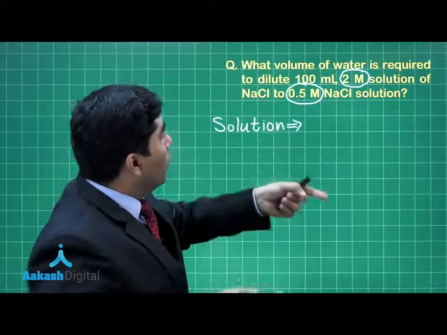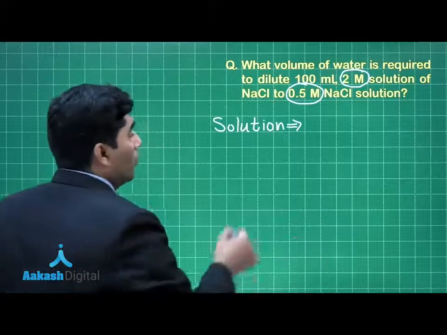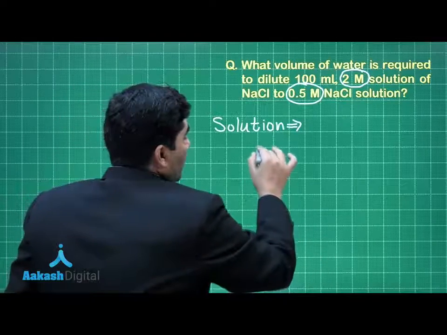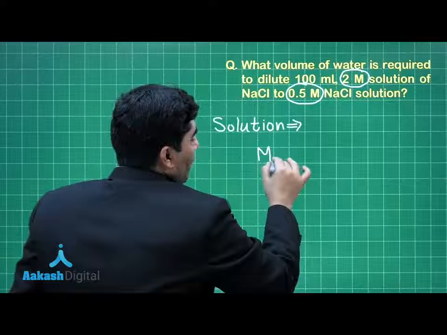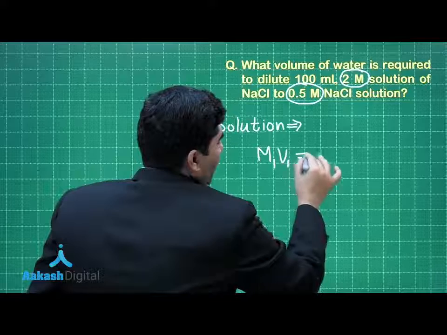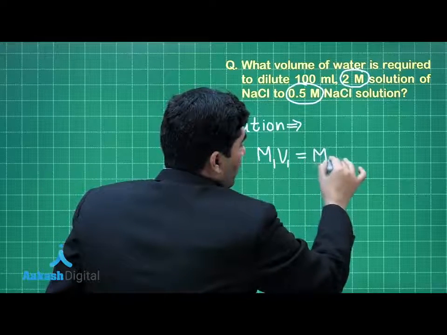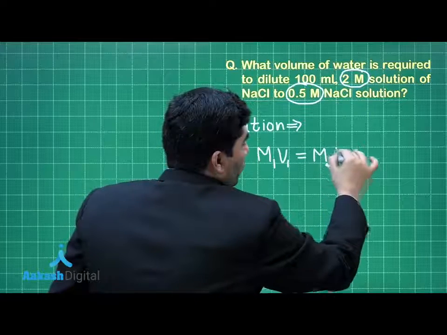Therefore, the volume will increase. So, applying the formula of dilution, M1V1 is equal to M2V2.